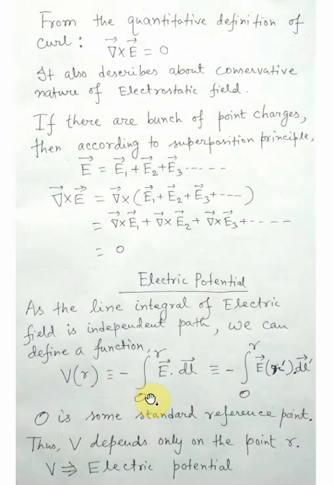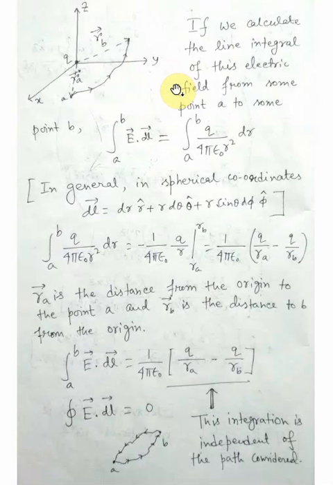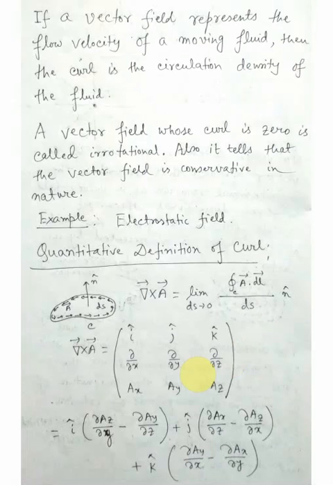From the quantitative definition, we can tell that the curl of E is 0. How can we do this? The closed-loop integral of E dot dl is 0. From Stokes' theorem, the curl of E dot ds can be related to this, so that can be proved from here.